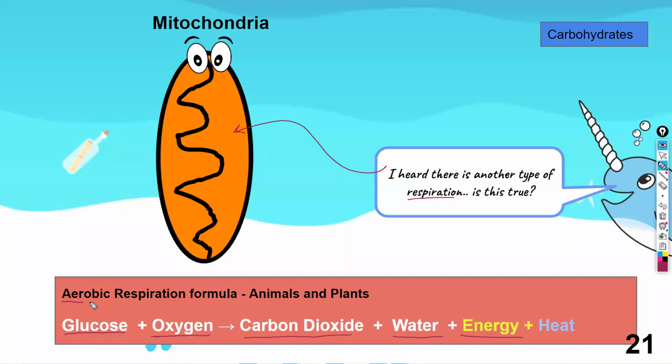Whenever you hear the word aerobic in any science class, aerobic means that there's oxygen involved. So the only type of respiration that we have talked about so far involves oxygen. Hence, this type of respiration is called aerobic respiration. But your body can actually produce energy without oxygen, but it only does it as a last resort.